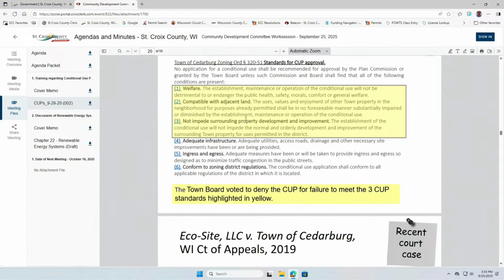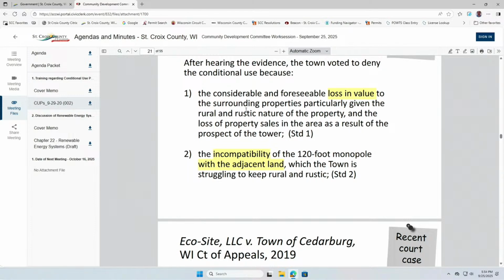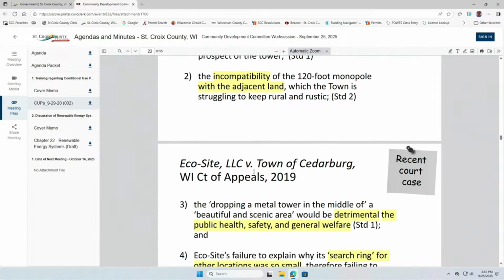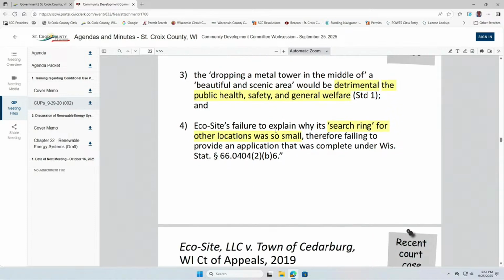They found that the applicant didn't meet those three standards, and that was how they denied it. They talked a little bit about loss of value. I'm not going to go through each one of these because there are quite a few of them. But again, tying it back to the purpose: health, safety, and welfare.